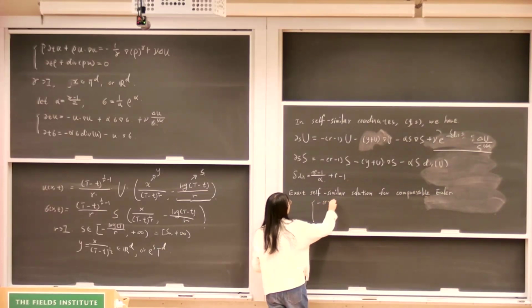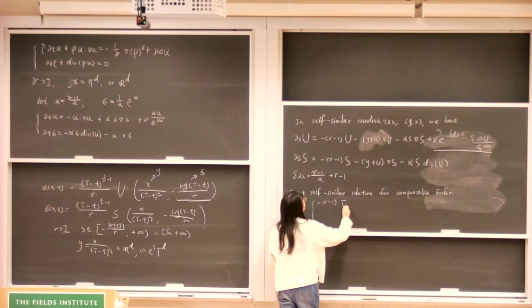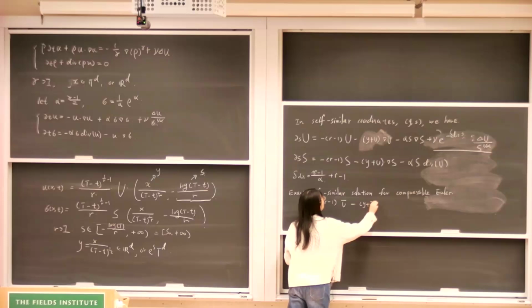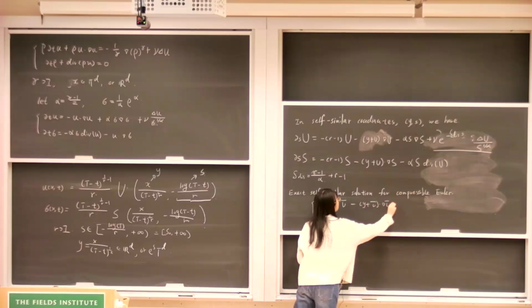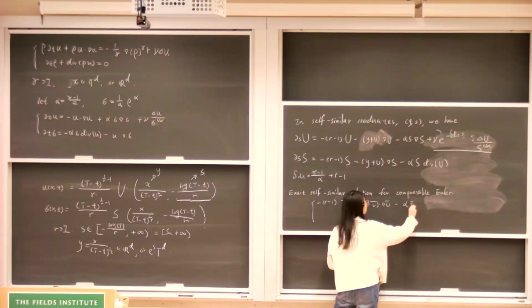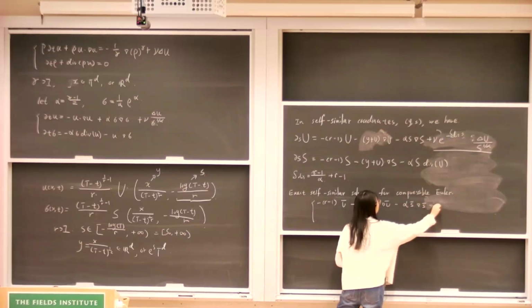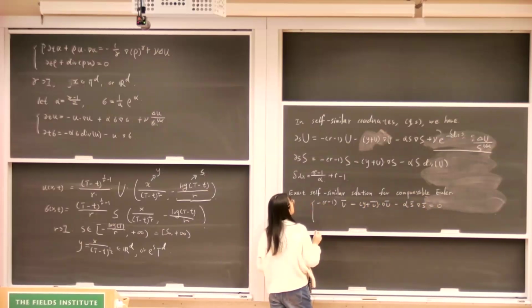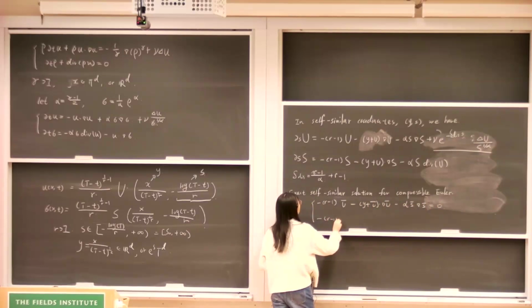So we call it U bar, let's say. This is a vector equation, and the second is a scalar equation.